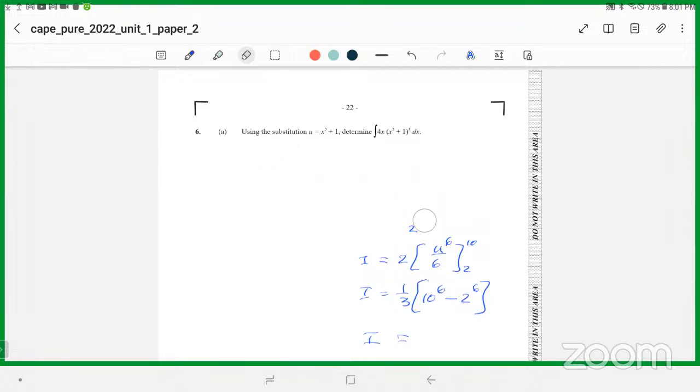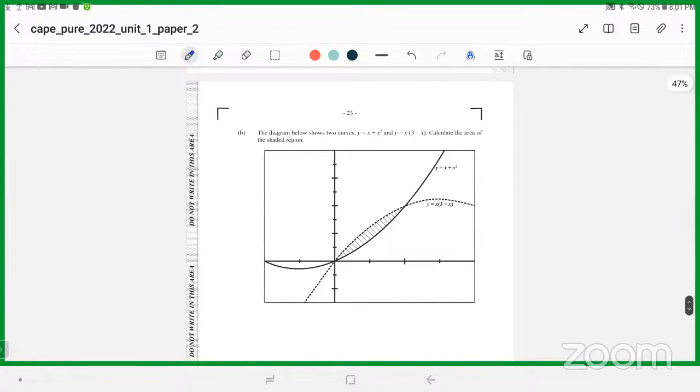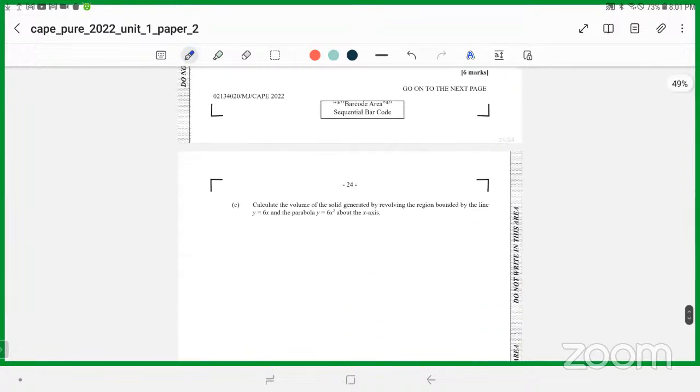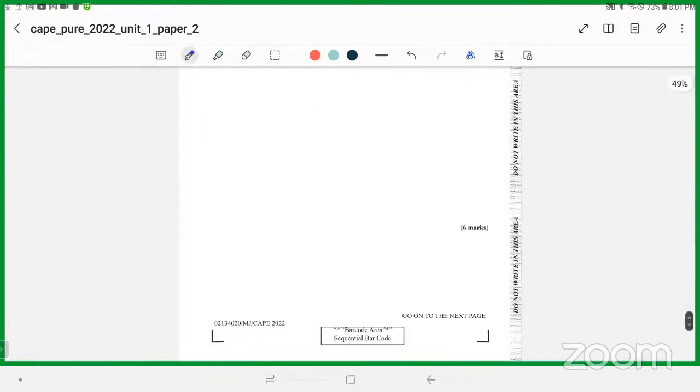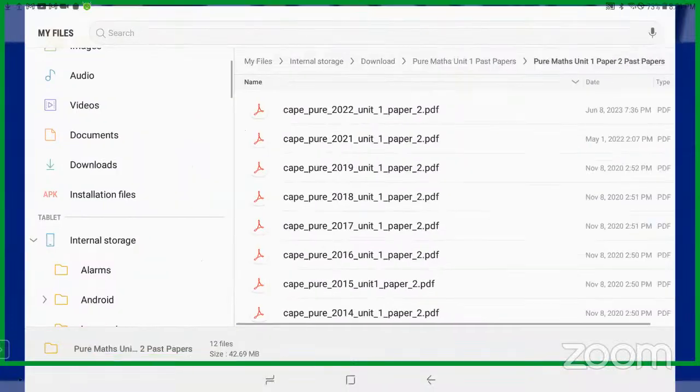Let's see if there's any on 2021. I think there are a couple of nice ones that exist. But let's see. Let's see 2021 integration by substitution method.